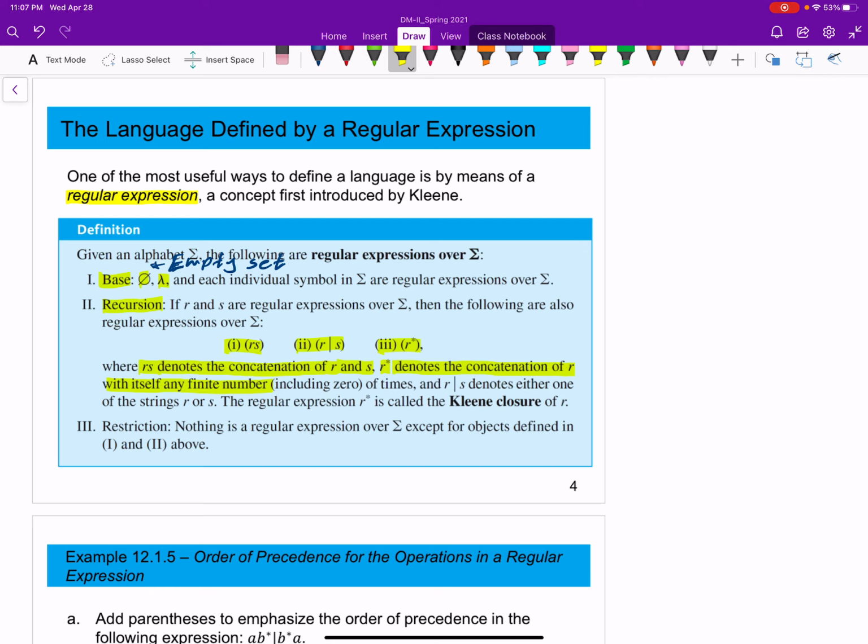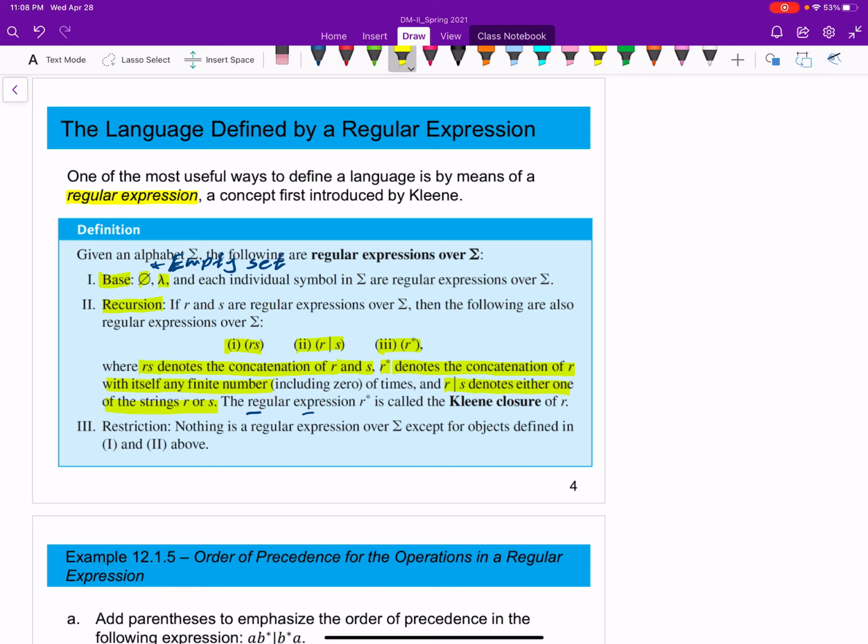And finally, R slash S denotes either one of the strings R or S. When we discuss an example, you can understand this very well. The regular expression R asterisk is called the Kleene closure of R.